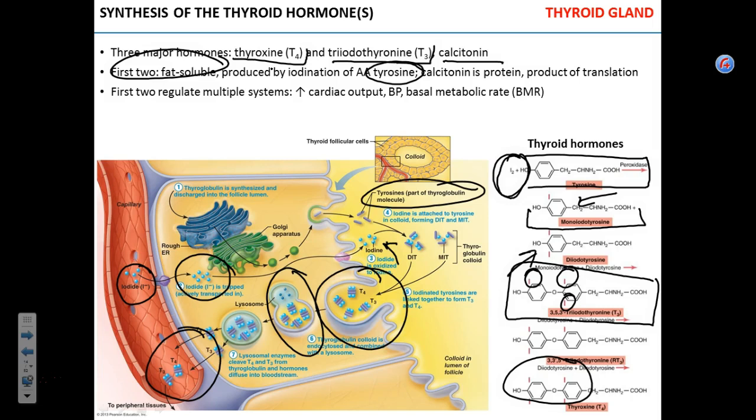So, the essential steps, the ones that I want you to understand. First, we need tyrosine and we need iodine. Iodine is in the form of anion, comes from blood to the follicular cell to the follicle. In the follicle, it becomes iodine, and then via several reaction steps, interacts with tyrosine, and so on.